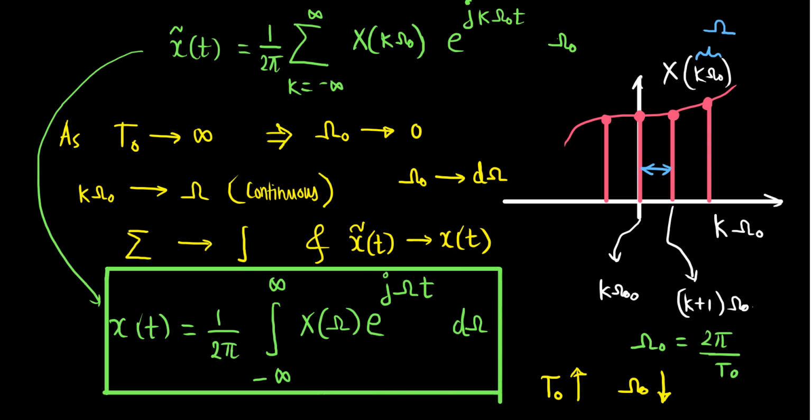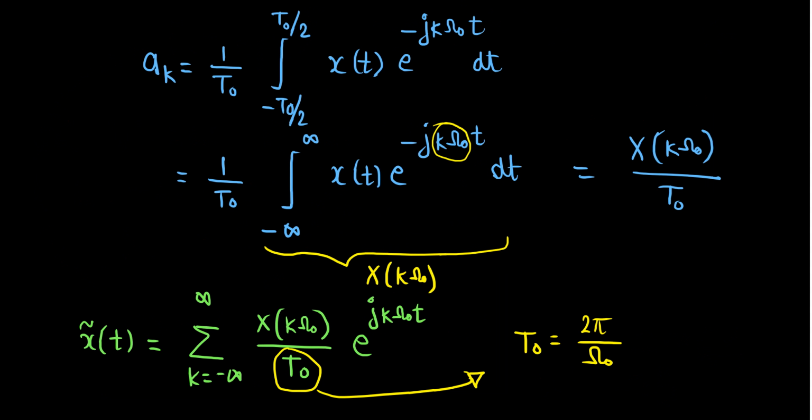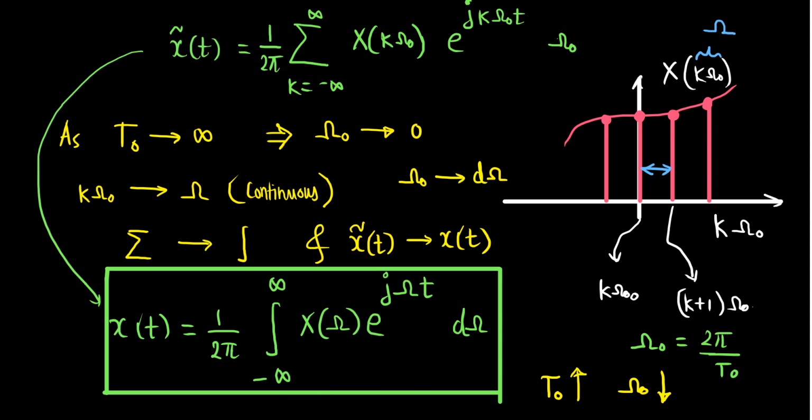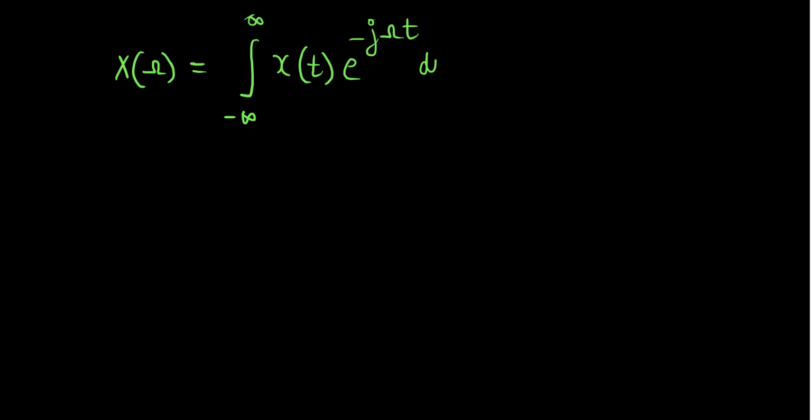So as we see that t naught tends to infinite, omega naught tends to 0, this k omega naught becomes a continuous variable, and this expression that we have indicated, that is capital X of k omega naught, is also going to change. So let me write that. The expression for X of k omega naught, instead of k omega naught I am going to have this omega, that is going to be integration from minus infinite to infinite x of t e power minus j omega t dt.